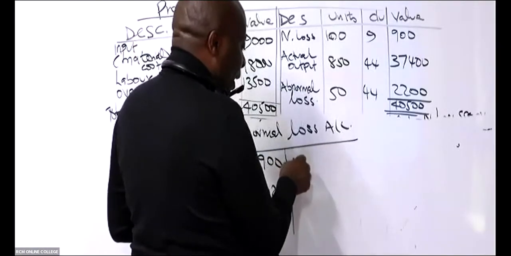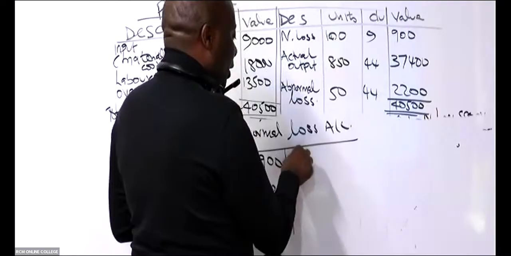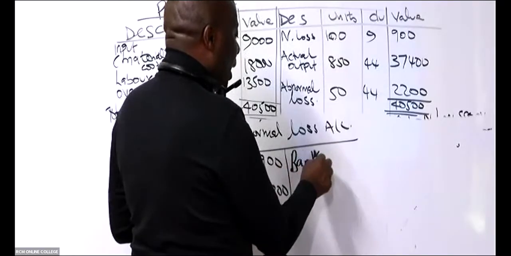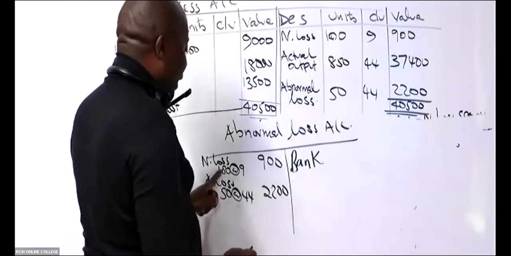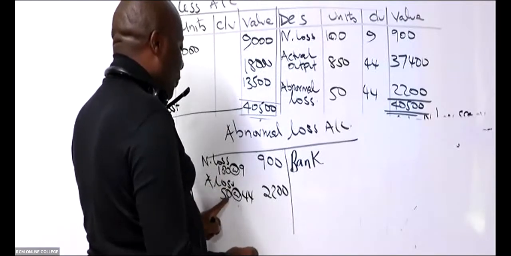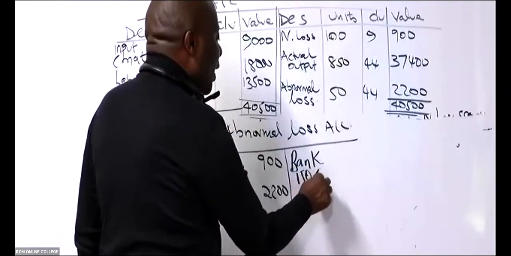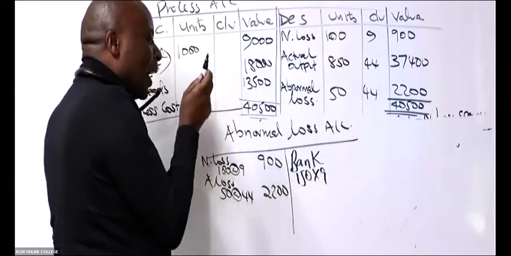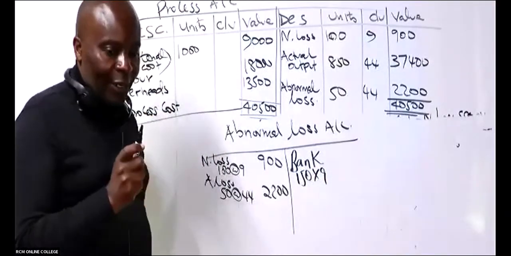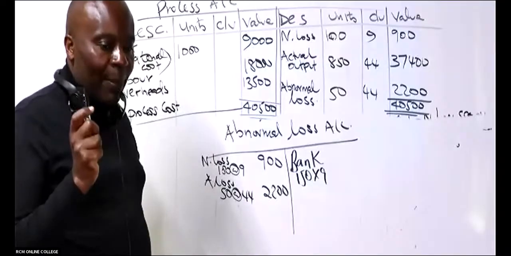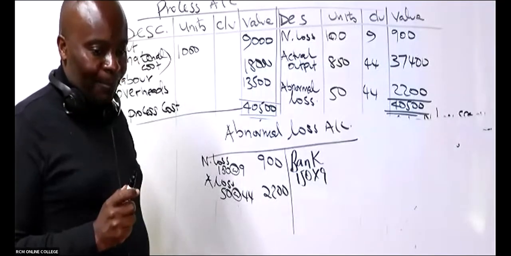So we debit bank account, we credit this account by saying bank. Total here is 150. Don't forget to scrap them at the scrap value given.